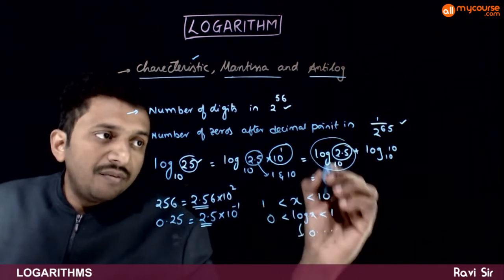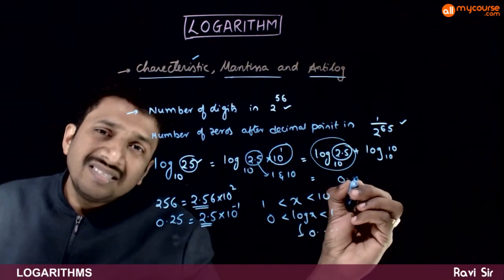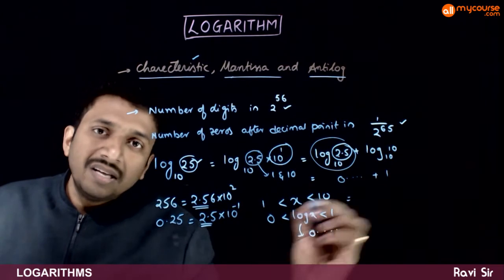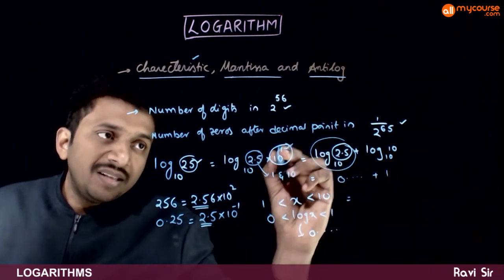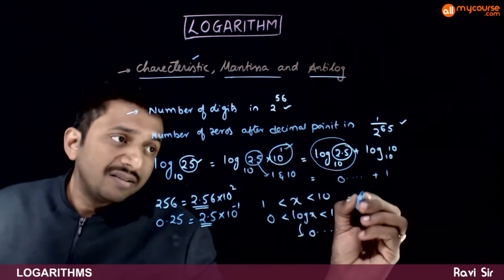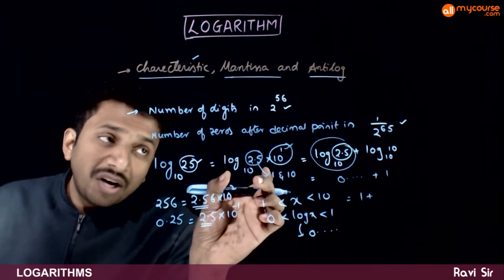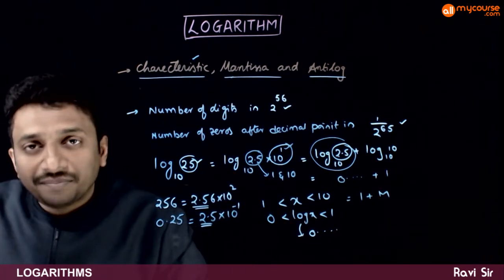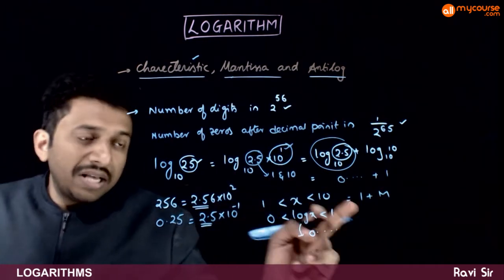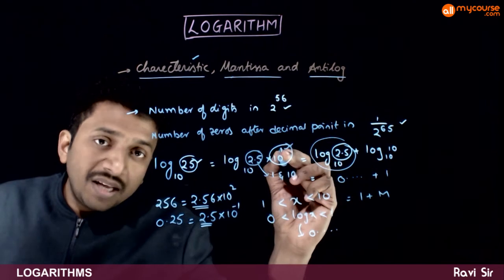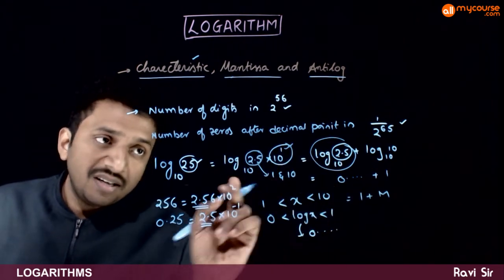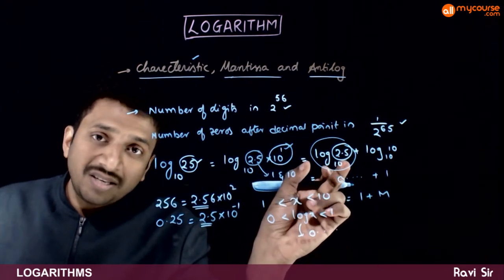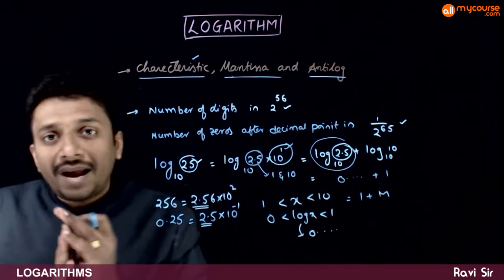So this number will always be of the form 0 point some number plus log 10 to the base 10, which is 1. So the characteristic will be this power of 10 whatever you get, and whatever number you get here will be the mantissa of the logarithm. As you can very clearly see, the power of 10 that you get here will be the characteristic, and the number that you get here, log 2.5 to the base 10, will be a decimal, and that will be the mantissa of that number.